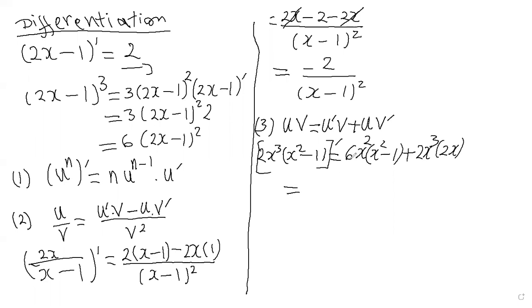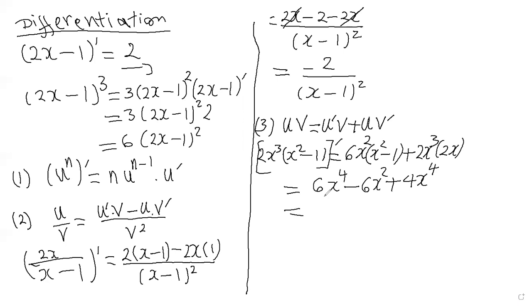So when you multiply 6x squared by x squared, it will be 6x to the exponent 4. 6x squared times minus 1 will give you minus 6x squared. And then 2x cubed multiplied by 2x will give you plus 4x exponent 4.